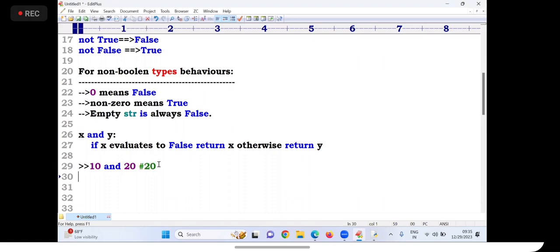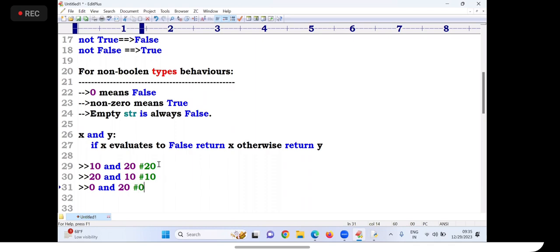So the output is 20. Now, sir, 20 and 10. 20 is true or false? True. First value true, so the output is the second value, 10 only. Now check 0 and 20. Is the first value false or not?